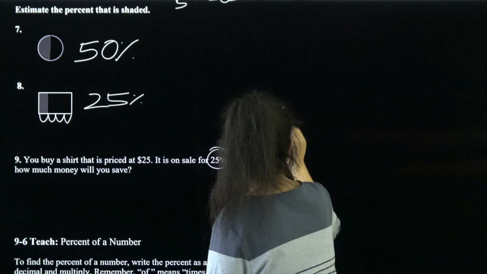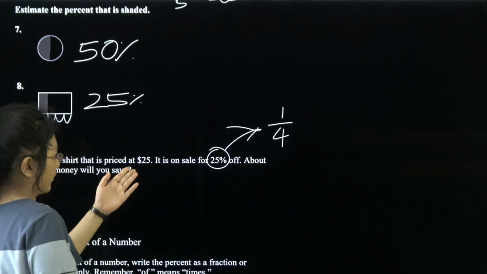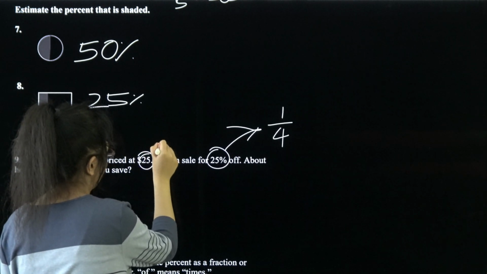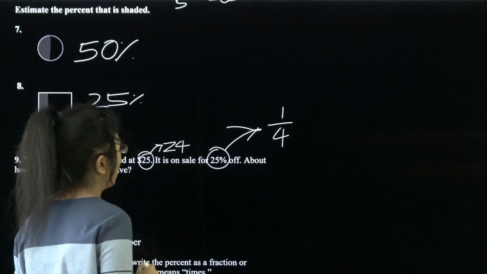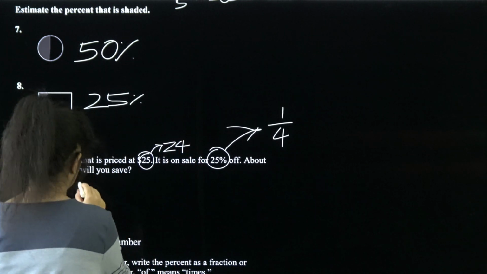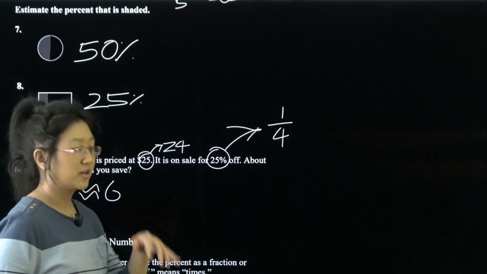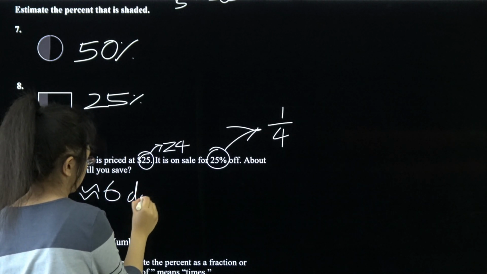So 25% is 1/4. And what is 1/4 of 25? Well, if you really wanted to approximate it, you could say that this is around 24, which is easily divisible by 4. So you would save about, a wavy equal sign is the approximate sign, so about $6.